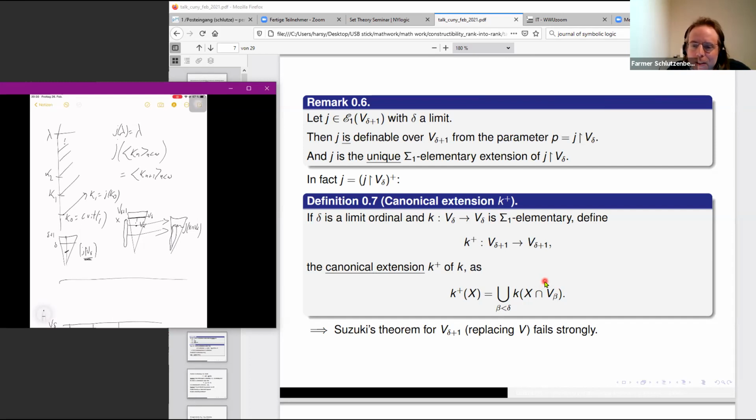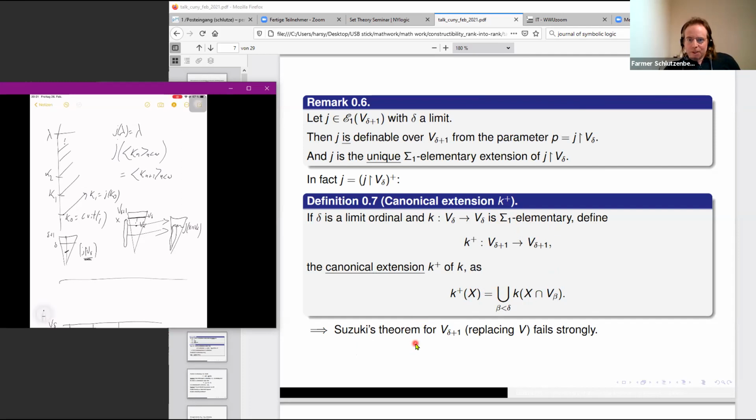Sorry, I misunderstood you. Maybe you can do this step with Sigma 0, maybe Sigma 0 is enough here. But in any case, generally I want to consider Sigma 1 elementary at least.